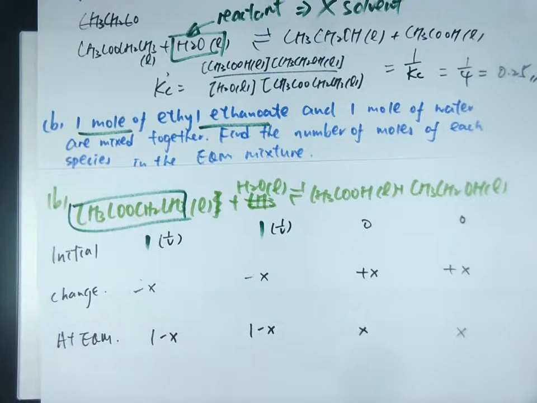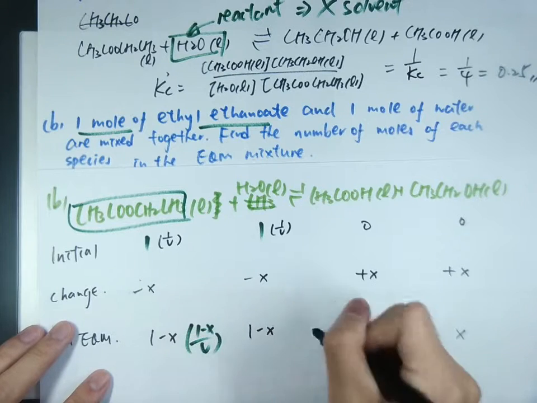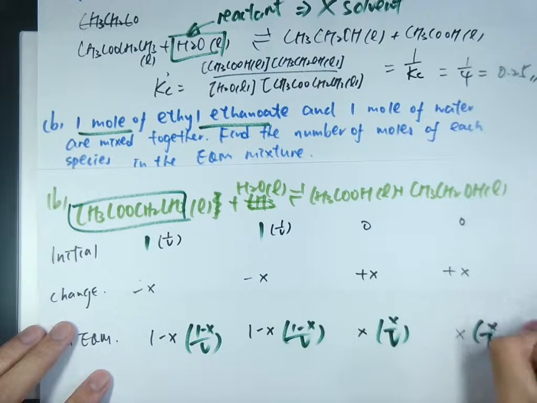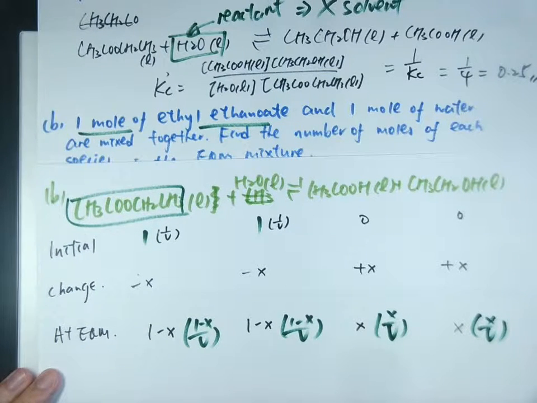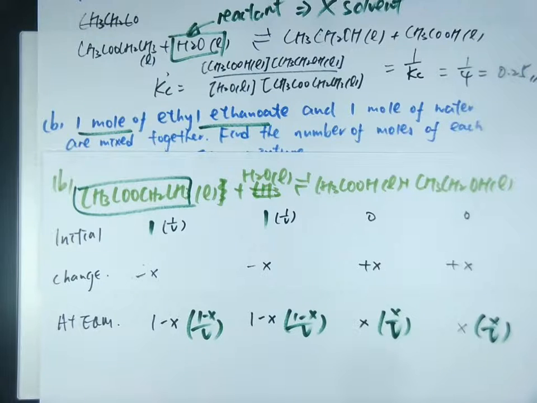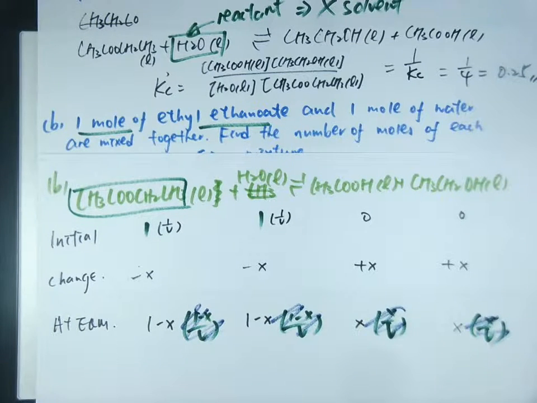But if the number of moles is divided by volume, we have x over V, okay, x over V. So we have x over V times x over V over 1 minus x over V times 1 minus x over V. Can you see that? So actually these volumes cancel out each other. So it is not necessary for us to consider the volume. We just use the number of moles for our calculation. That would be fine. Okay?